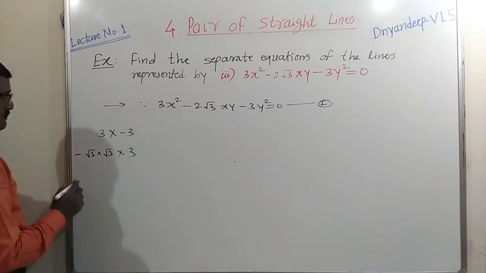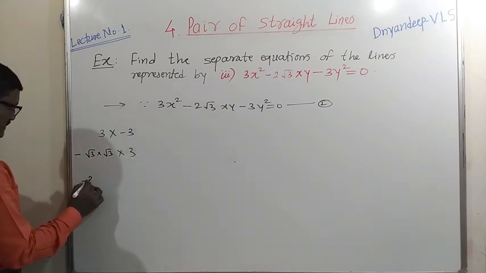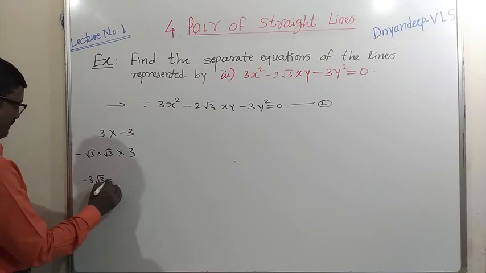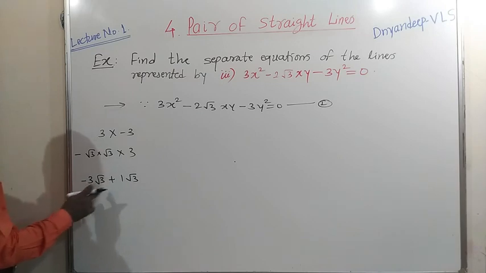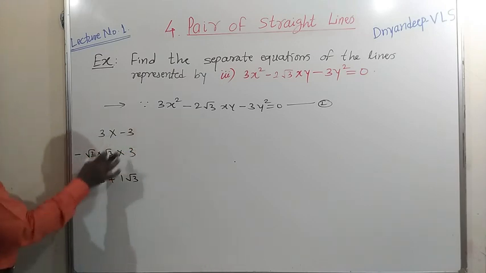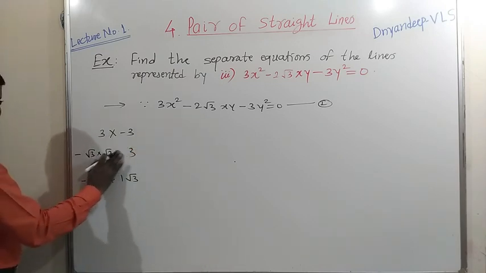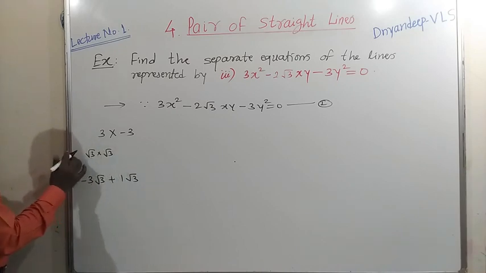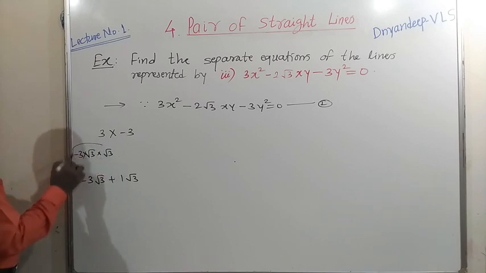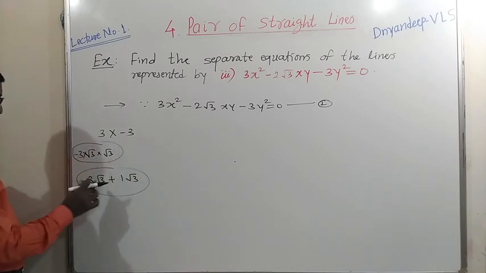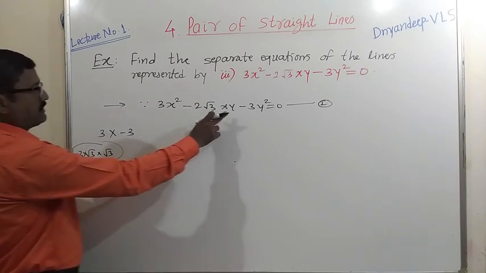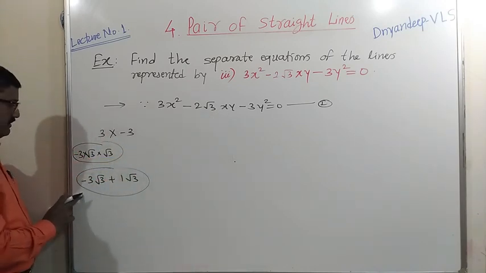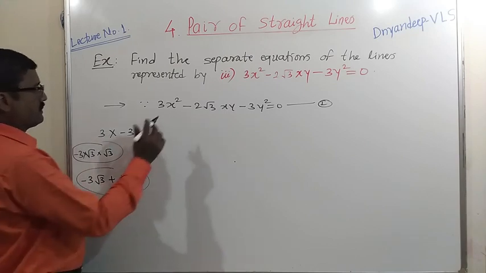Here the addition should be −2√3, so it will be −3√3 plus 1 times √3. The addition will be −2√3 and the product will be −9. So this is the product and this will be the sum of these two numbers. So we can write this −2√3xy as −3√3xy + √3xy.